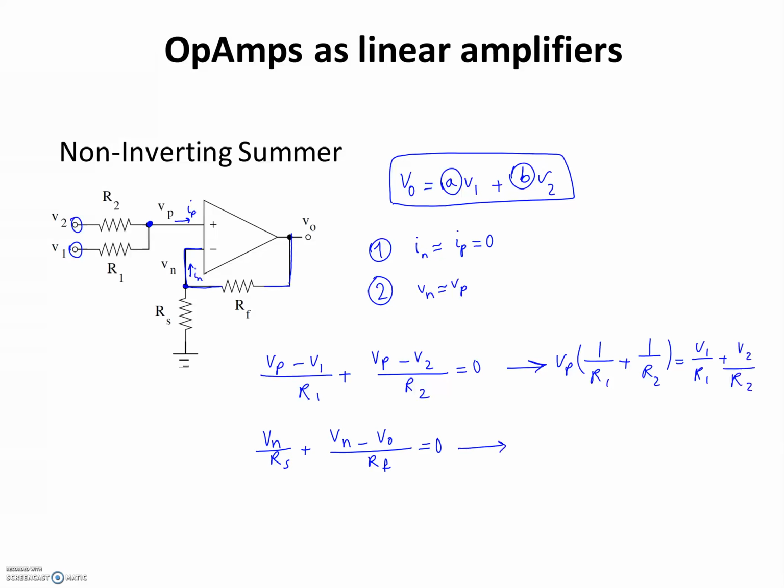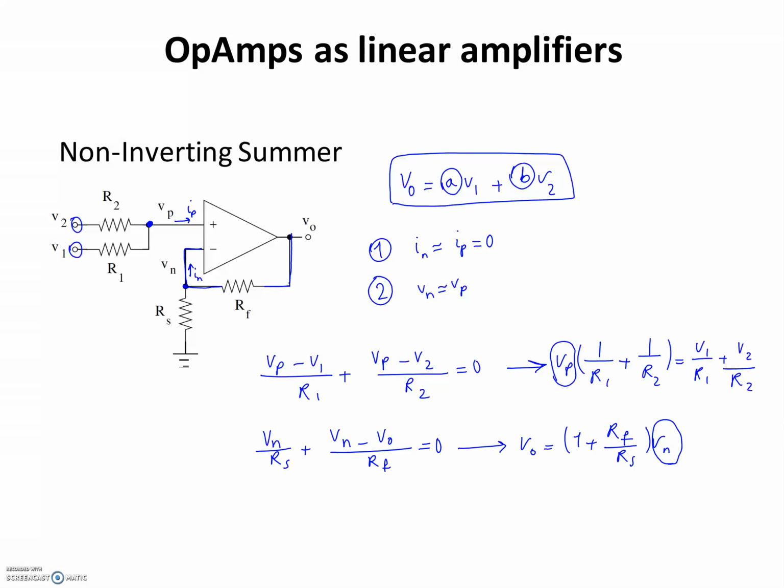And from the other equation, I have an expression that relates Vout to Vn. So Vout is equal to (1 plus Rf over Rs) multiplied by Vn. I'm going to use that to simplify these two equations to find an expression that relates Vout to V1 and V2, because Vn and Vp are equal.